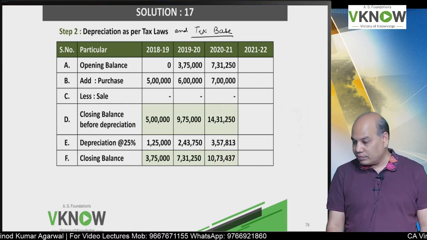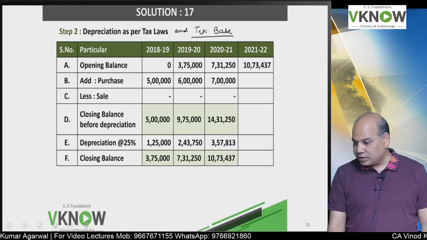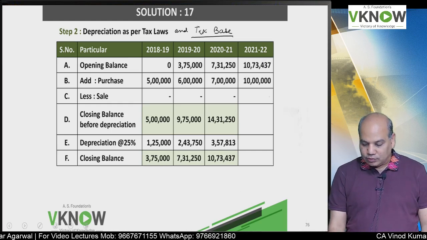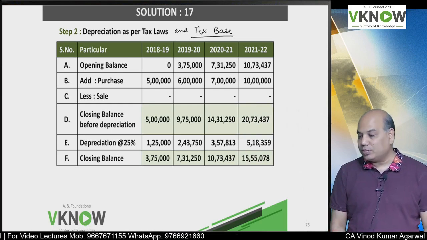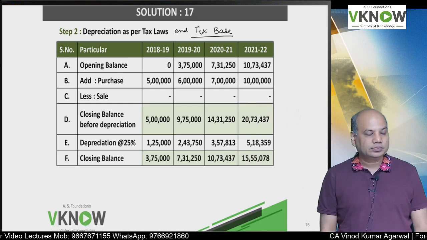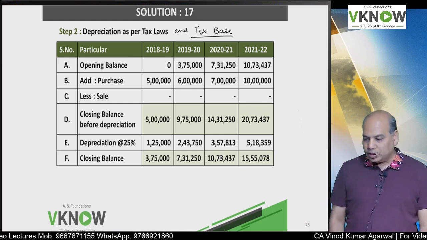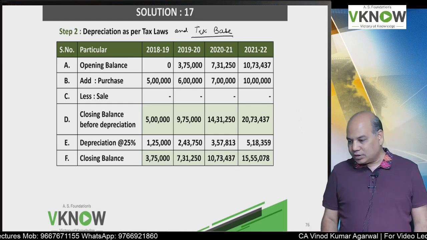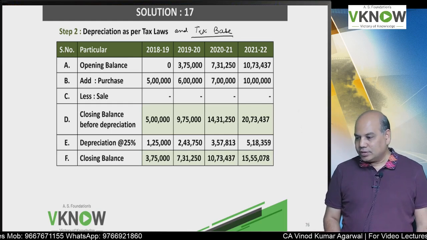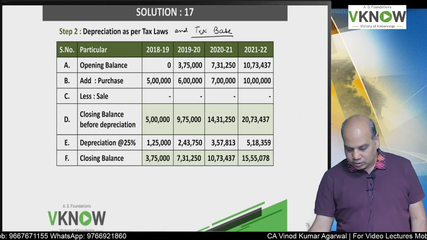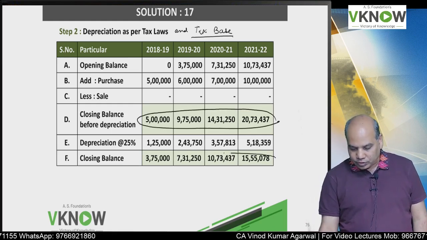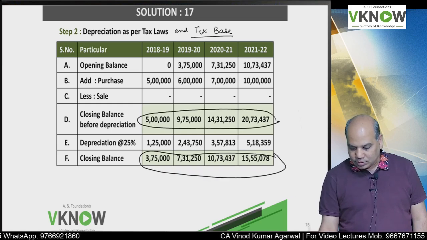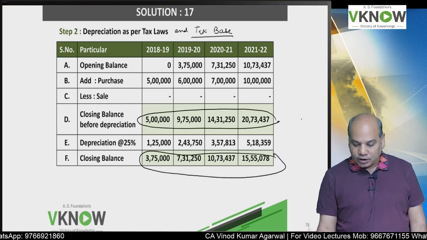Third year, 1073,437. Anybody who got 1073? Very good. And what about the last year? Anybody? Last year figure, please confirm. 1555,078. Is it right? Very good. This depreciation will be required for current tax. This tax base will be required for deferred tax.